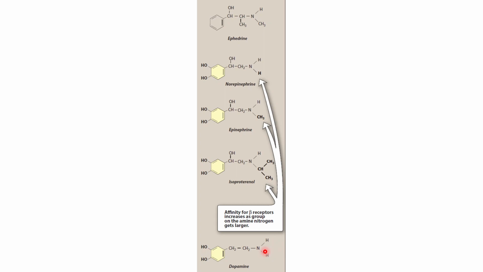And then dopamine is also produced in the body, also a catechol, but the nitrogen is primary, and also there are no substituents in the ethyl bridge.